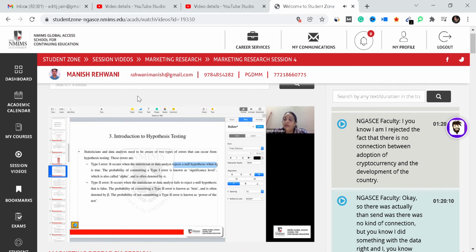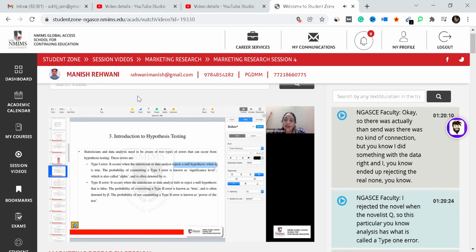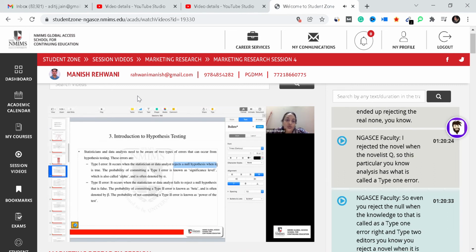Okay, so the answer was actually that there was no connection. But I did something with the data, right? And I ended up rejecting the real null. I rejected the null when the null is true. So this particular analysis has what is called a type 1 error. When you reject a null when the null is true, that is called a type 1 error, right?